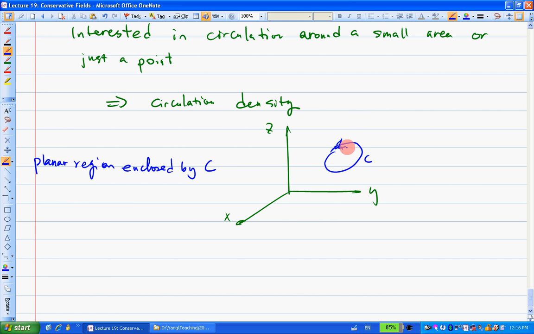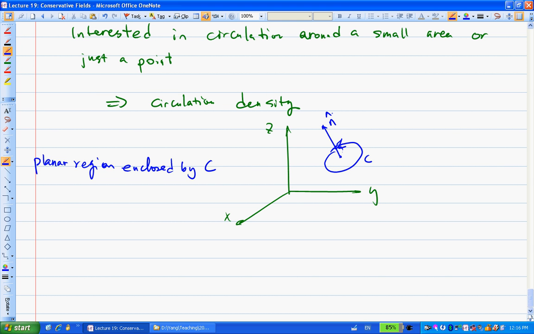Because C can be oriented differently, we're going to use a normal vector n hat to represent the normal direction of that region.